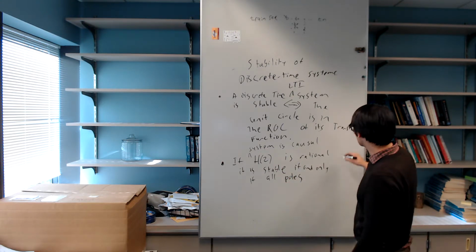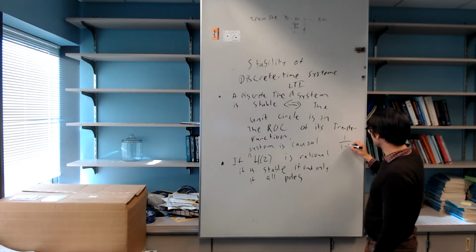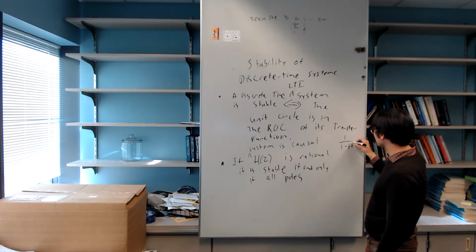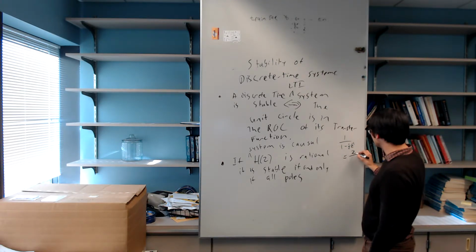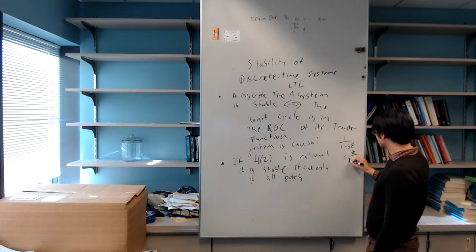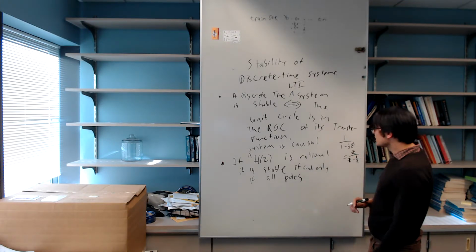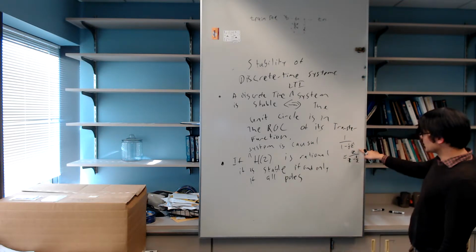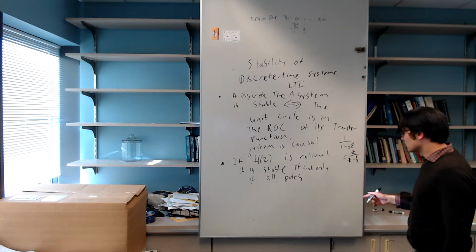Remember, that was one of the things we had: 1 over 1 minus 1/2 z to the minus 1. That's what we started with. That's a rational function because we can write this as polynomial over polynomial, right? It's z over z minus 1/2. So that's got a 0 at the origin and a pole at 1/2.